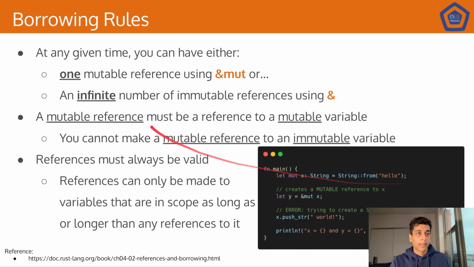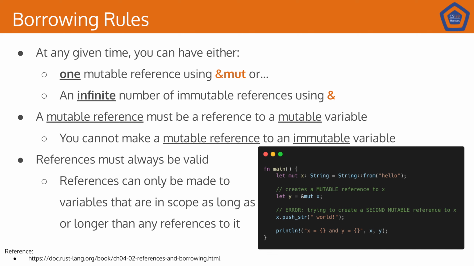Okay, let me briefly hide my camera. So we see this error here because we can't take two mutable references to our data. This is a little bit tricky, but we know y is a mutable reference.